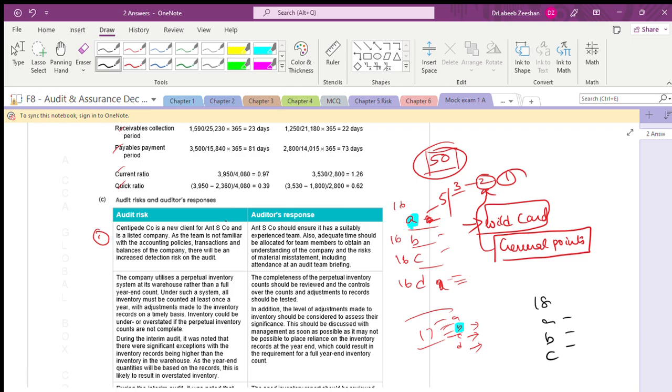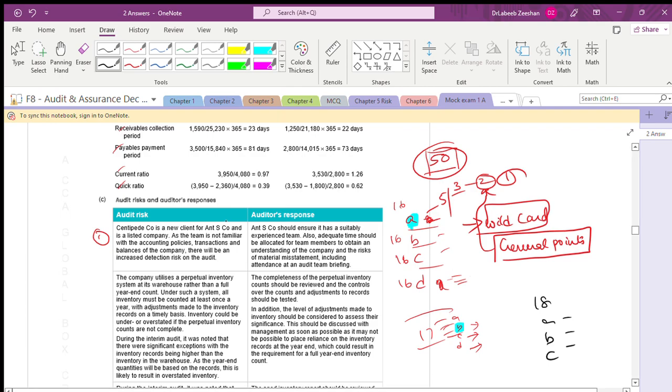Centripede is a new client for ANT. If you are dealing with a new client, definitely the risk is very, very high. You have to do a lot of additional planning. That is the audit response: additional planning. You need experienced people.